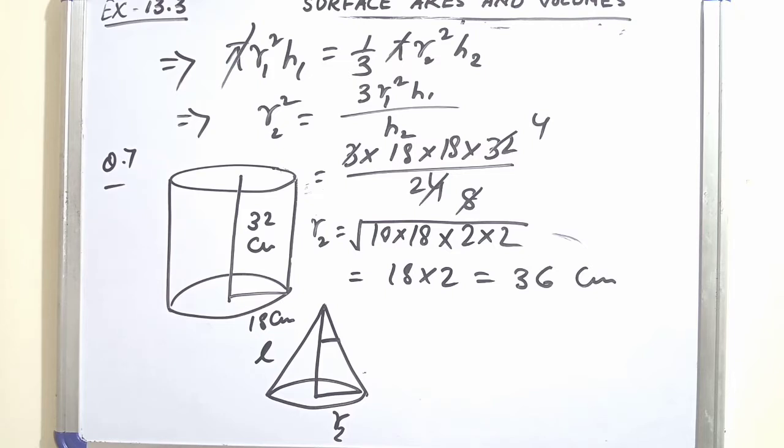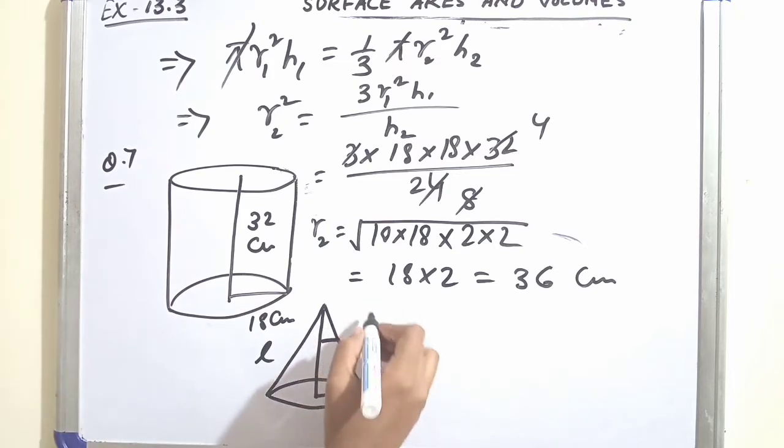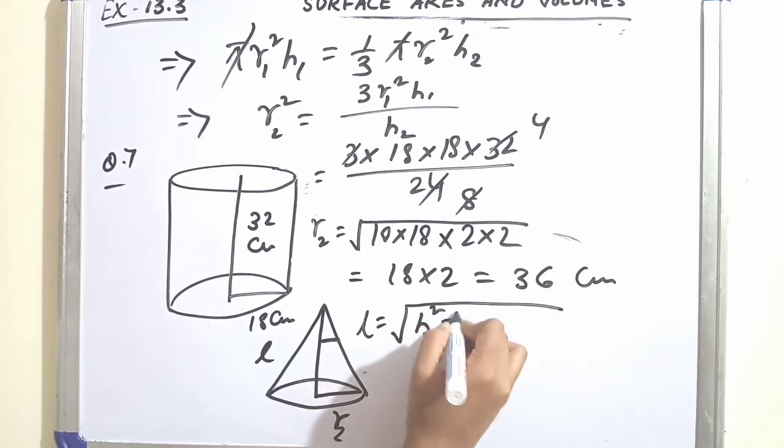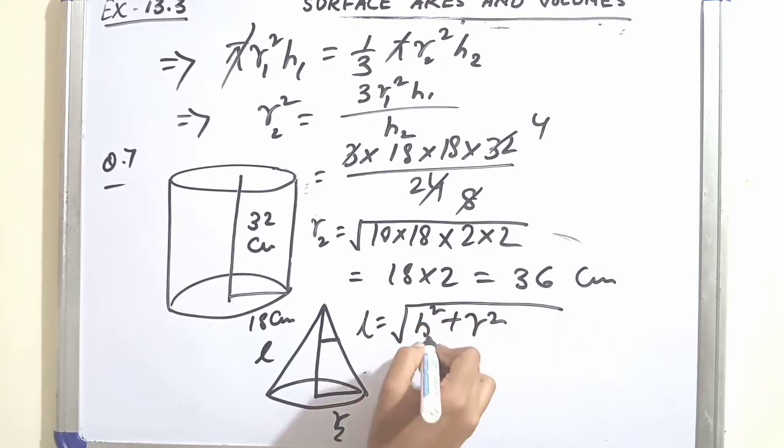Now you have to find the slant height L. L is equal to root over h square plus r square, that means h2 square plus r2 square.